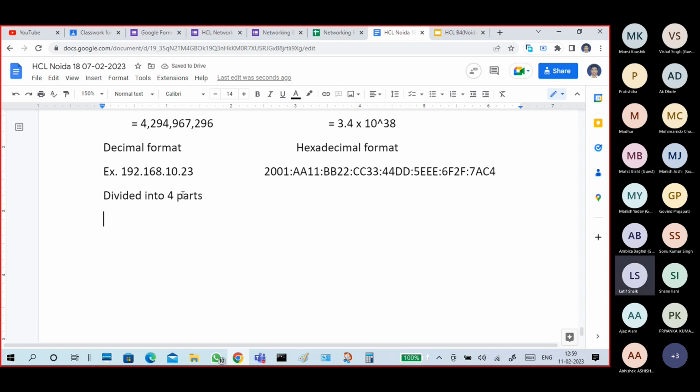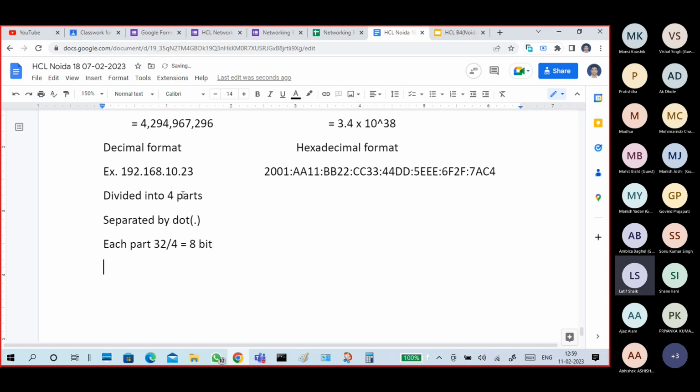Divided into 4 parts means 32-bit divided by 4 is 8-bit. Each part is 8-bit.